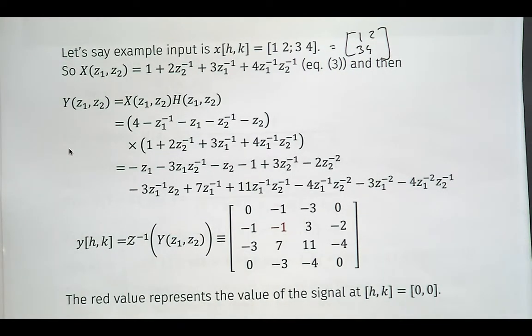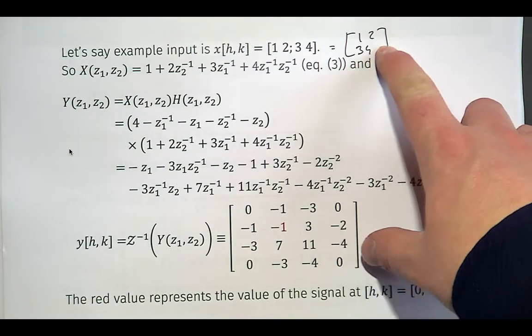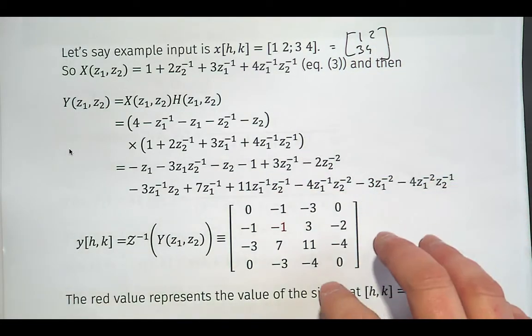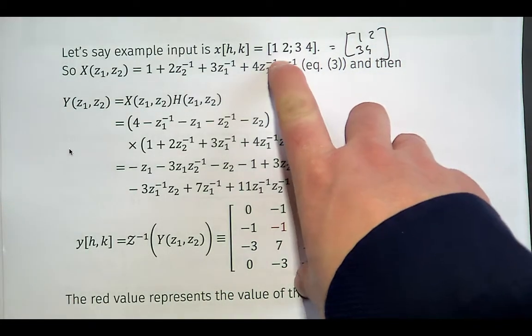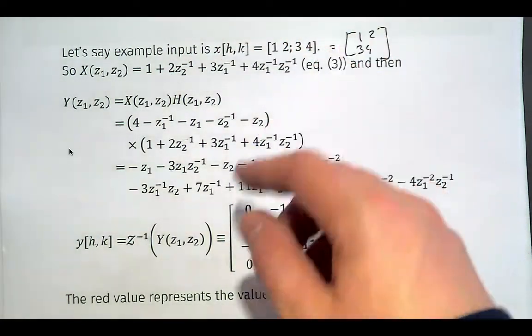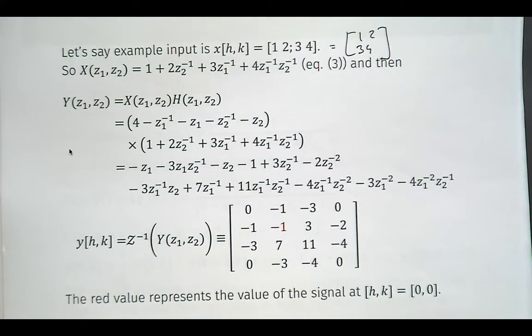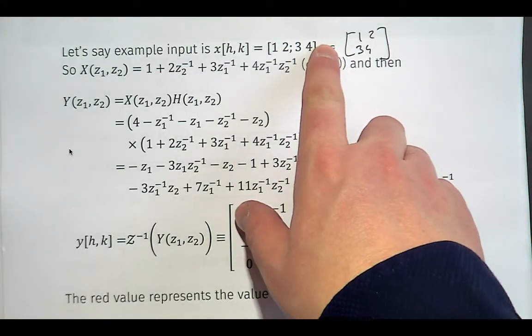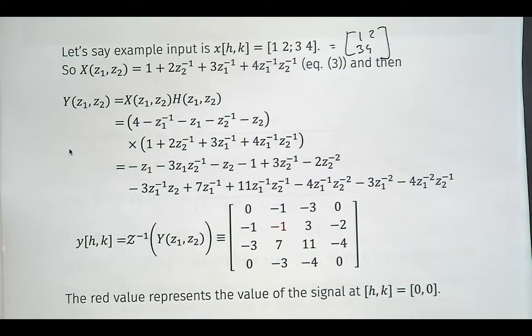So one possible exercise at the exam would be, for instance, I give you the input image defined like this, just the grayscale values. I give the mask of the convolution, and I say, go to the Z transform, do the multiplication there, and then come back to the digital world and give us the result of the convolution. Right? So that's a possible exam question.